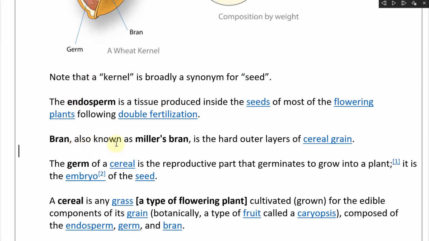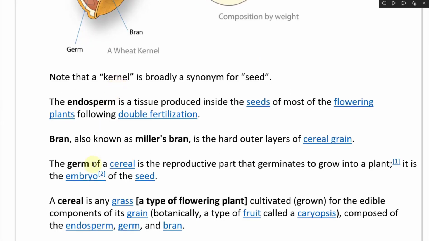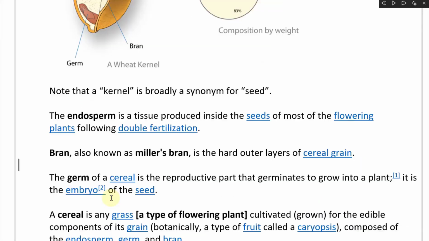And then bran, also known as miller's bran, is the hard outer layers of cereal grain. So this is a cereal grain or wheat kernel there. The germ of a cereal is the reproductive part that germinates to grow into a plant. It is the embryo of the seed. That's the one that grows up. And let's go further.